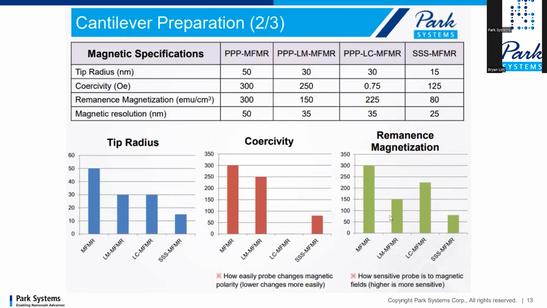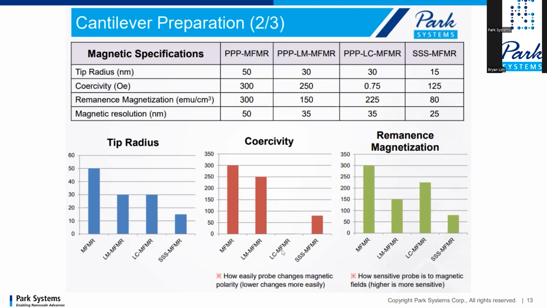So let's take a more detailed look at the cantilever. We can divide it into three criteria: tip radius, coercivity, and magnetic resonance. Coercivity is how easily the probe changes its magnetic polarity. For LC, that means the probe can change the polarity very easily.